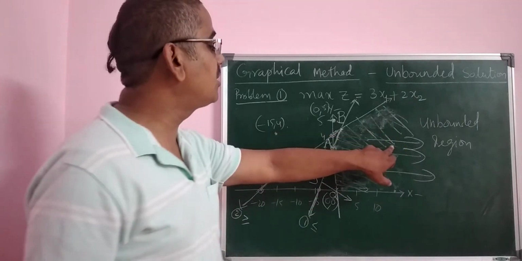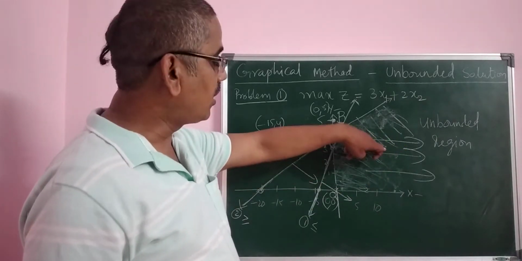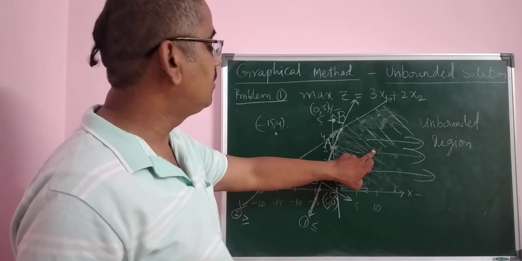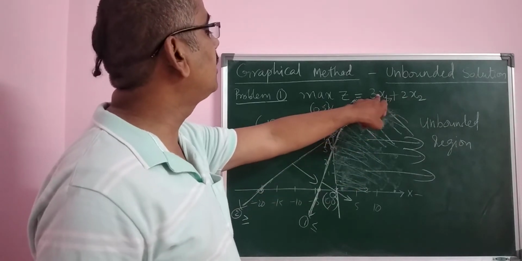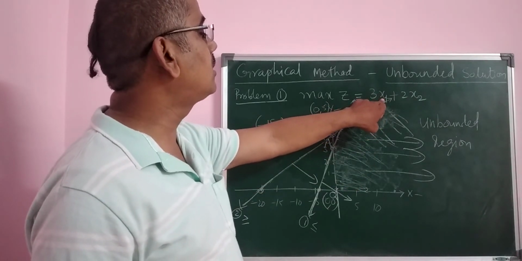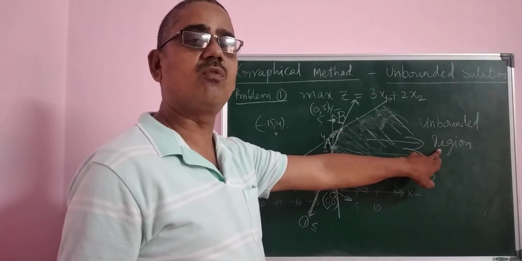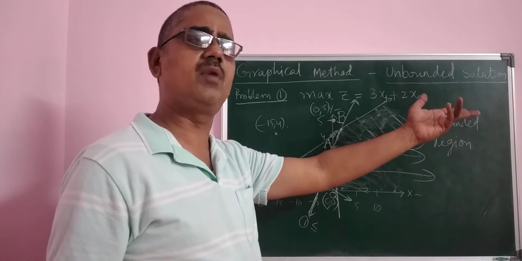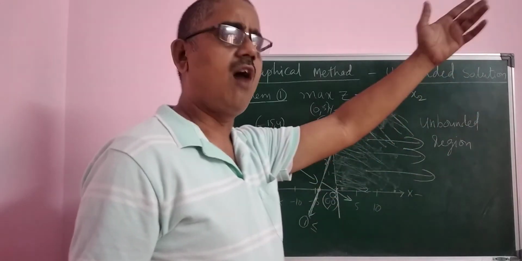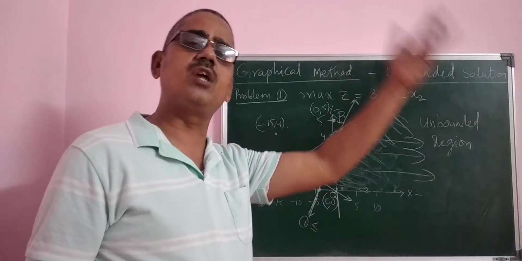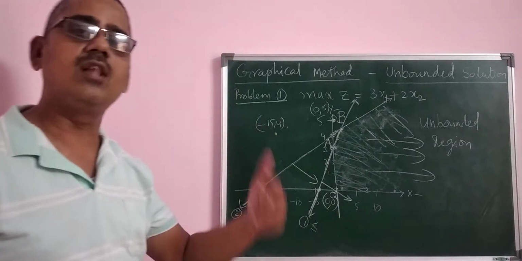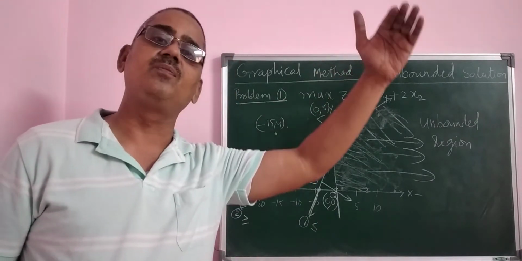For example, consider the point 10 and 3. If you substitute 10 and 3, 3 tens are 30, 2 threes are 6, so 36. After that, consider 20 and 3, you get 66. After that, consider another value, 100 and 3, and Z increases.